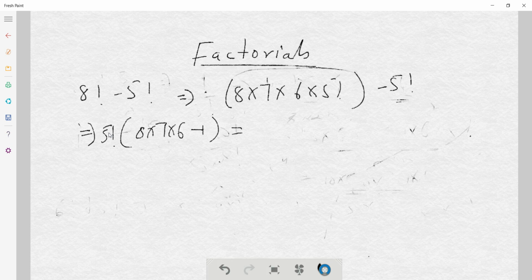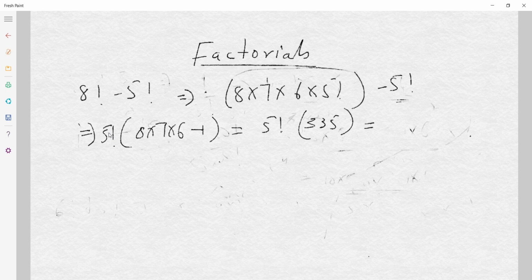So you're gonna have 5 factorial times 336 minus 1, which is 335, right?